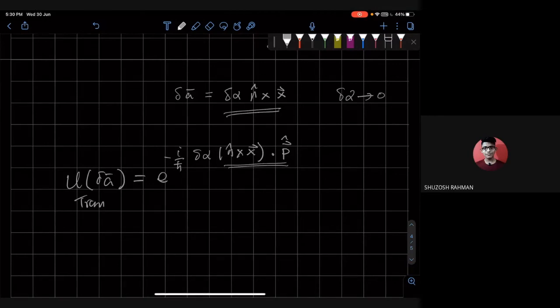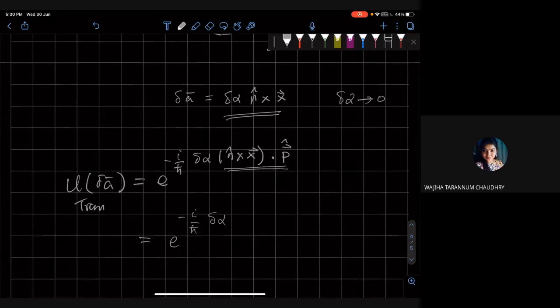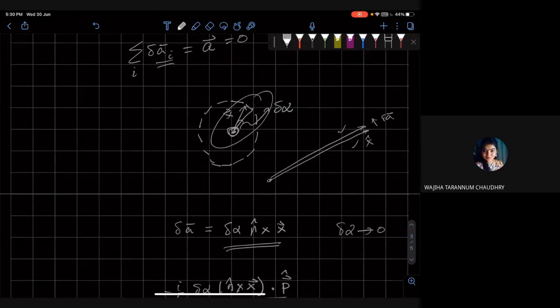Now we can use one of the vector identities to rewrite this. Remember all these triple identities that no one paid attention to in high school? Sir, what is delta alpha? Delta alpha is the small angle, this angle, because we are using the arc length formula.